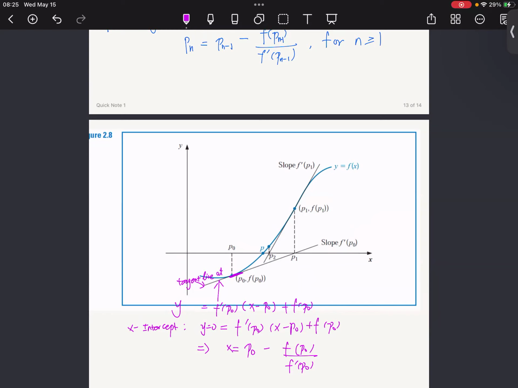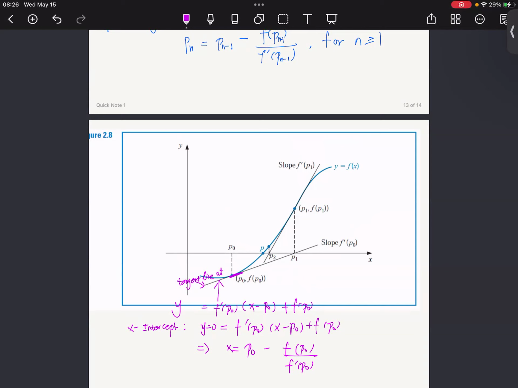Now I go back to the function again, and this is my p1, f at p1, and again I get the tangent line of the function here, and I get the x-intercept for this tangent line, and this x-intercept is just p2 in the sequence.